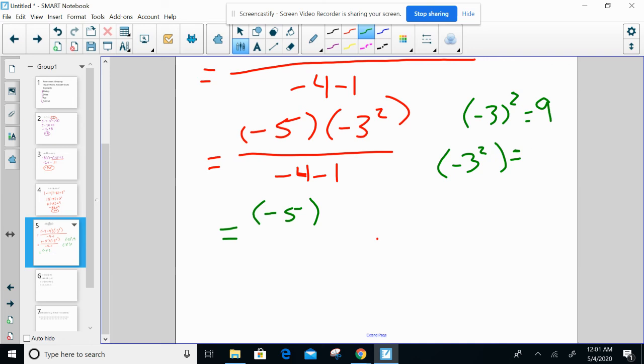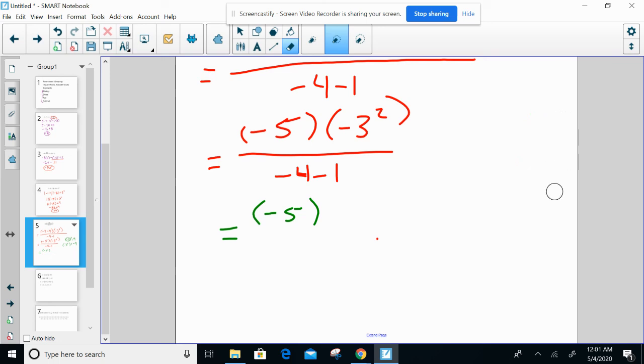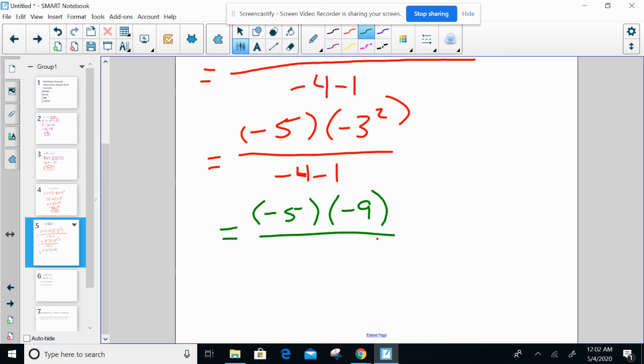If you put this in your calculator, it'll come out as negative 9, and that is actually correct in this case, because for some reason when the exponent is right beside the 3, it's separate from the negative. Whereas here you're doing negative 3 squared. This you're just doing 3 squared, and the negative happens to be out in front. A little weird trick there. So just look out for that. Negative 9.